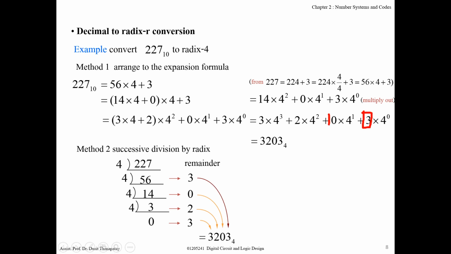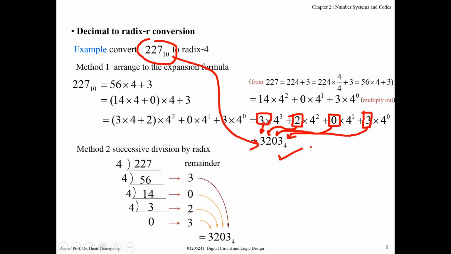This coefficient, this coefficient, this coefficient, and this coefficient are okay, all right? Because they are less than 4. So now you just bring these coefficients, okay, write them down together in compact form. So now you can convert this decimal value to a radix 4 value.